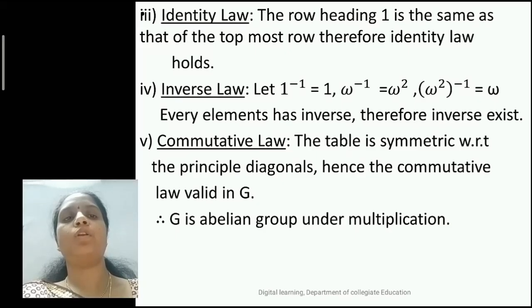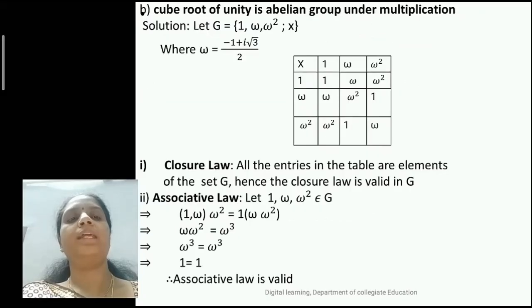Similarly, the inverse law. Taking the help of the identity element 1, we got 1 with the multiplication of 1 and 1. In the third row, 1 we got with the multiplication of omega and omega square. In the fourth row, 1 we got with the multiplication of omega square and omega.